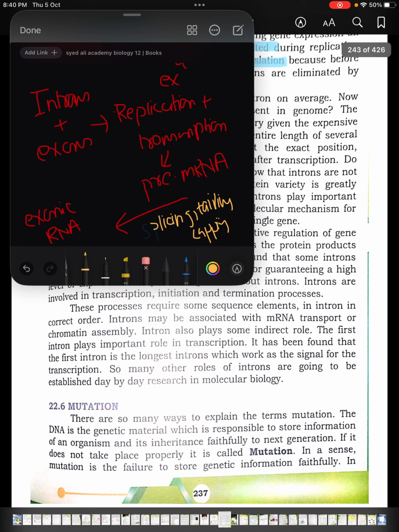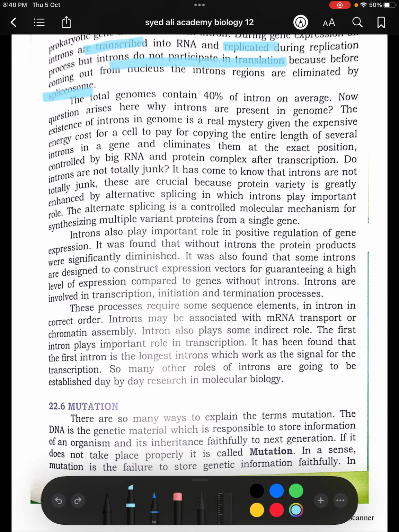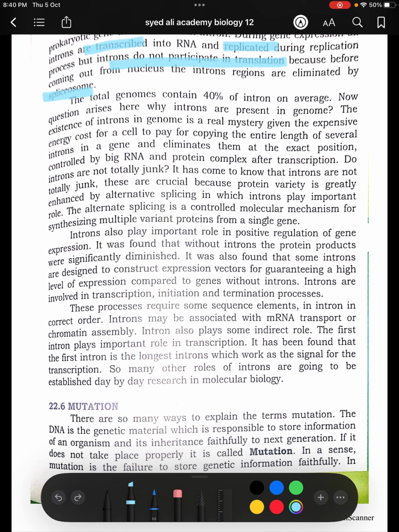That's why this pre-mRNA is converted into exonic RNA and introns are eliminated. So these introns cannot do translation and are eliminated by the spliceosome.